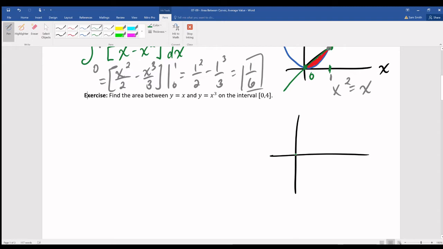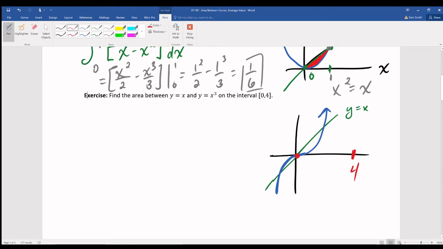I have our straight line, y equals x, and we have our cubic function, y equals x cubed, which wiggles through the origin. And we are interested in the integral from 0 to 4.